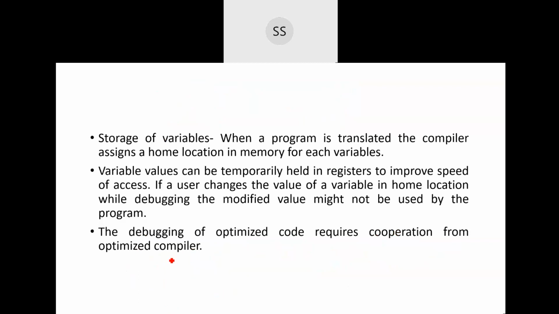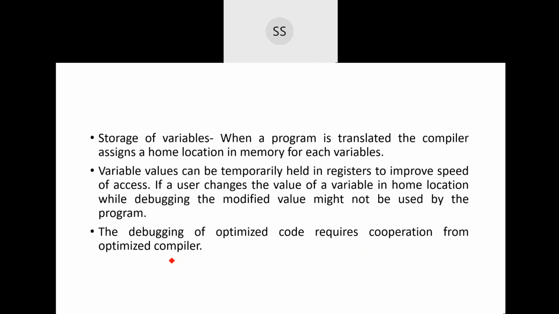Now the next problem is storage of variables. When a program is translated, the compiler assigns a home location in memory for each variable. I have already told you that whenever we execute a program, it is brought from the hard disk to main memory, and then we execute it.